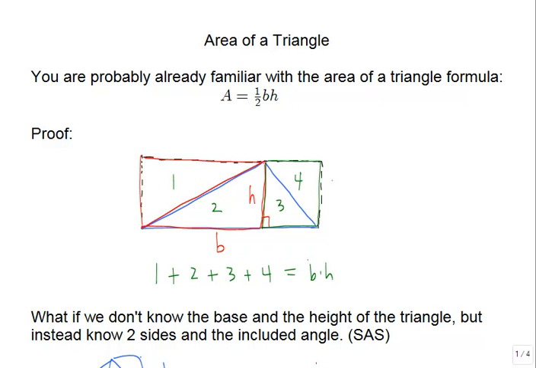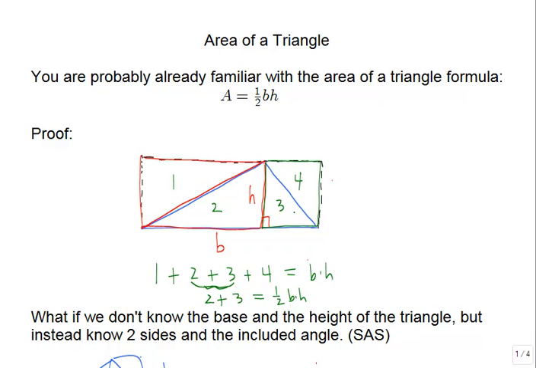So the area of this great big rectangle is base times height, length times width. Now if you notice from that symmetry, since triangles 1 and 2 are equal areas, and triangles 3 and 4 are equal areas, then triangle 2 plus triangle 3 should make up exactly half of the area of the entire rectangle. So triangle 2 plus triangle 3 must be 1/2 of the entire area, base times height.